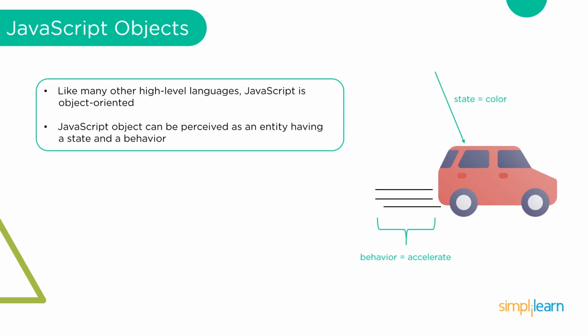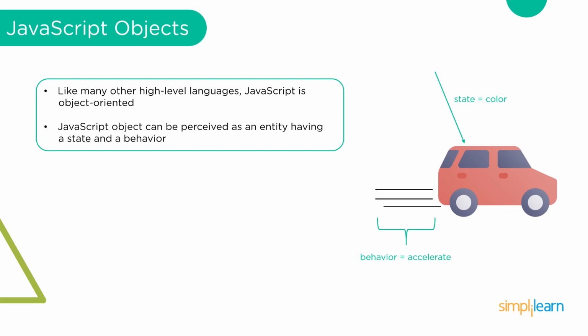So if we talk about the concept called an object, what is an object actually? An object is something known as a real-time entity, like a computer, a fan, a car, or a bike. Anything related to the real world is considered an entity.